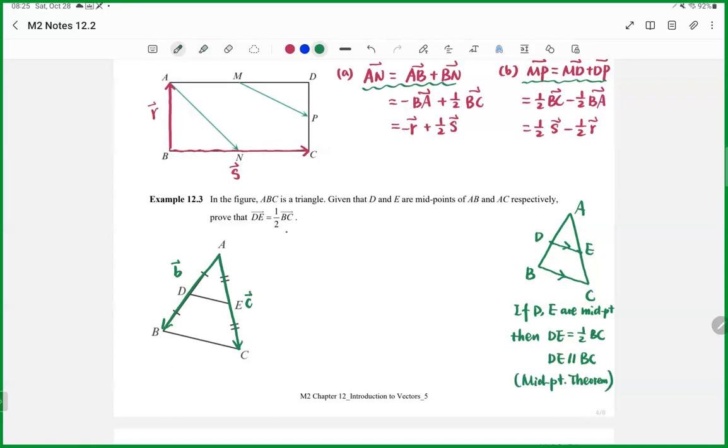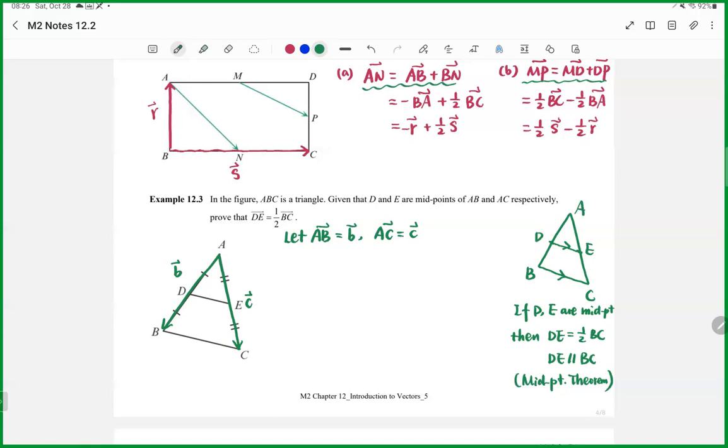So in this question, let AB be B, AC be C. Any other vectors must be expressed in terms of these two base vectors.